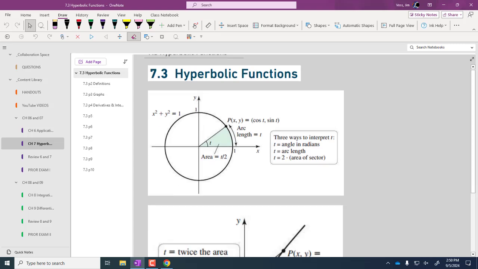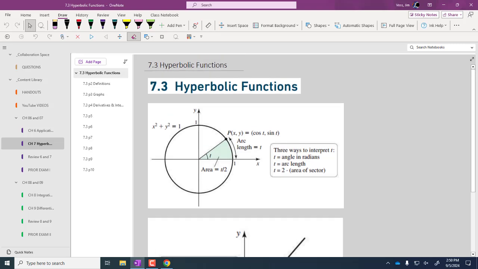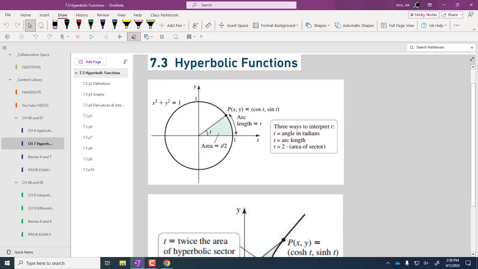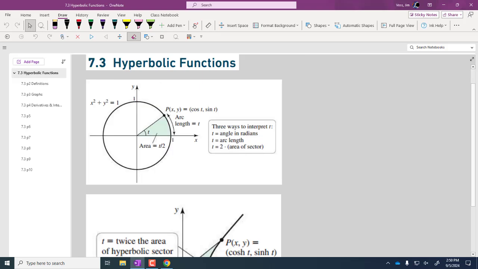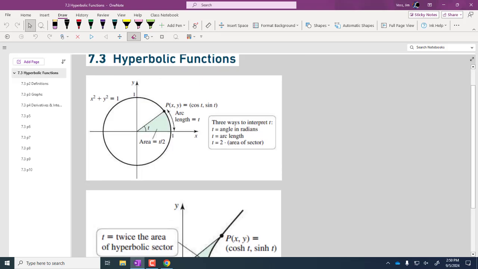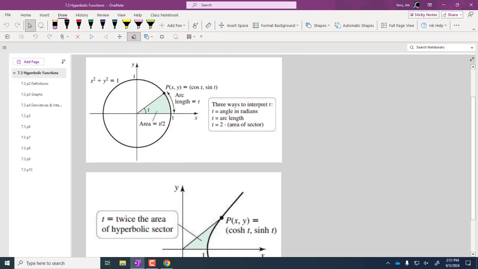All right, so anyway, there are some good applications with the hyperbolic, but we are just going to do some basic ideas. Let's first talk about the definition of the hyperbolic. So the trig functions are called the circular functions because they come from a circle.